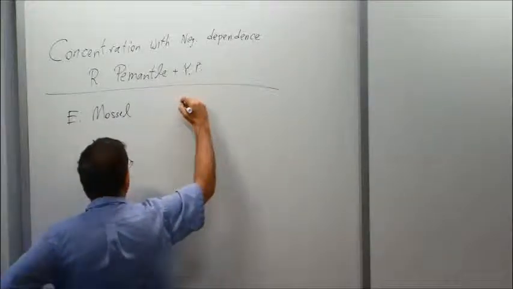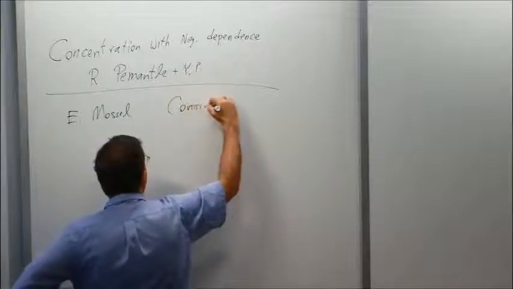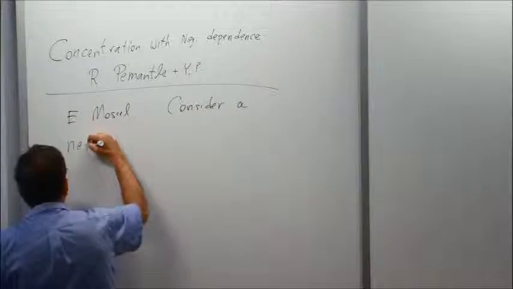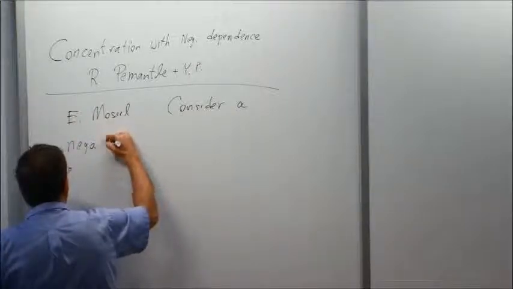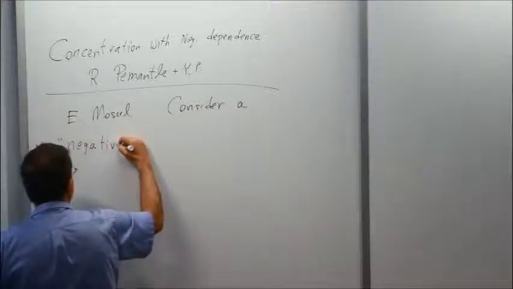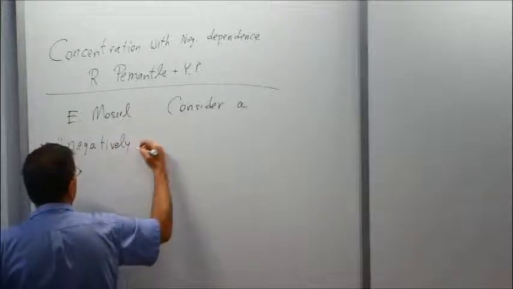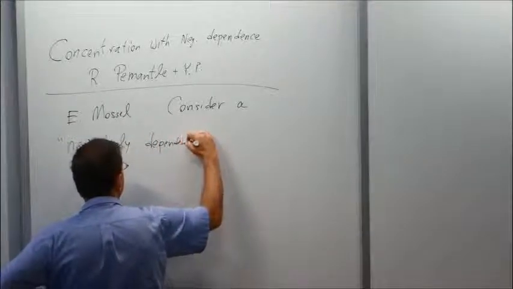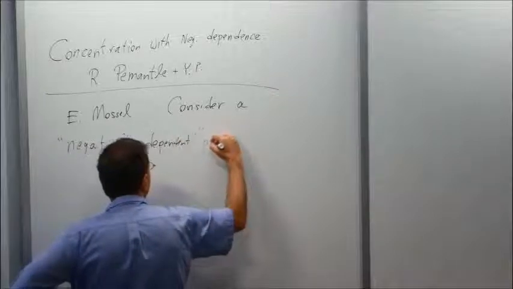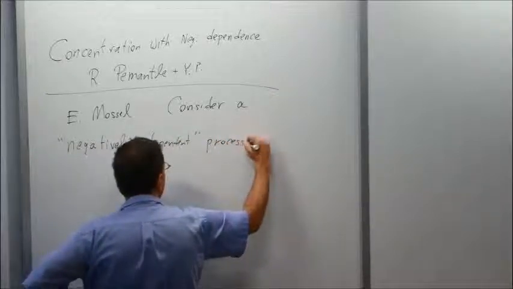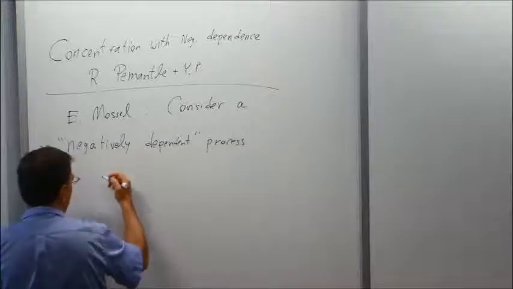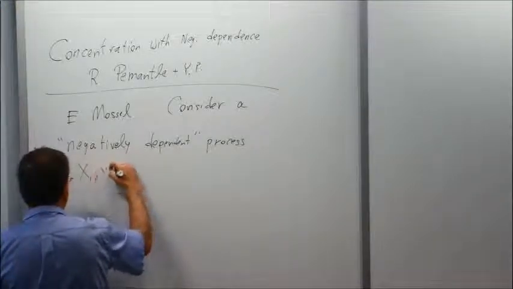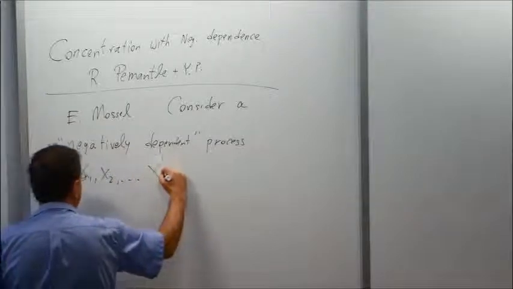I'll be more precise, and he was more precise, but for now I'll just write a negatively dependent process, or negatively dependent variables, x1, x2, up to xm.